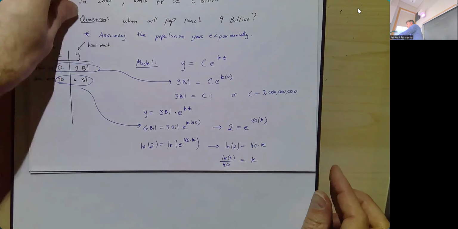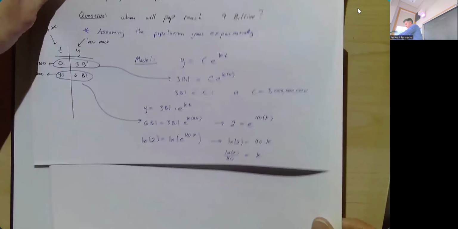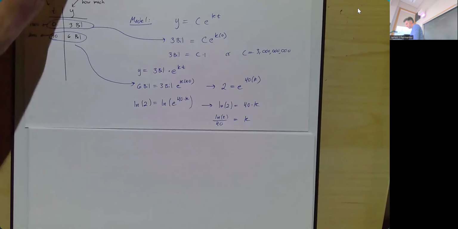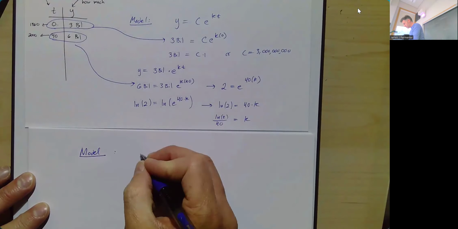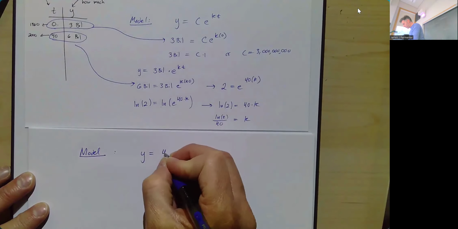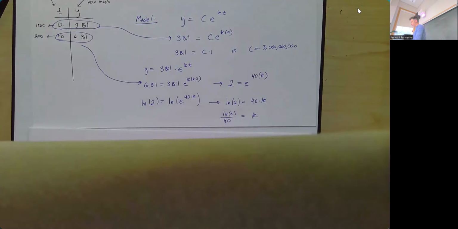And now we can rewrite our model for exponential growth, plugging in both the values of c and the values of k. Let's just flip this piece of paper over.